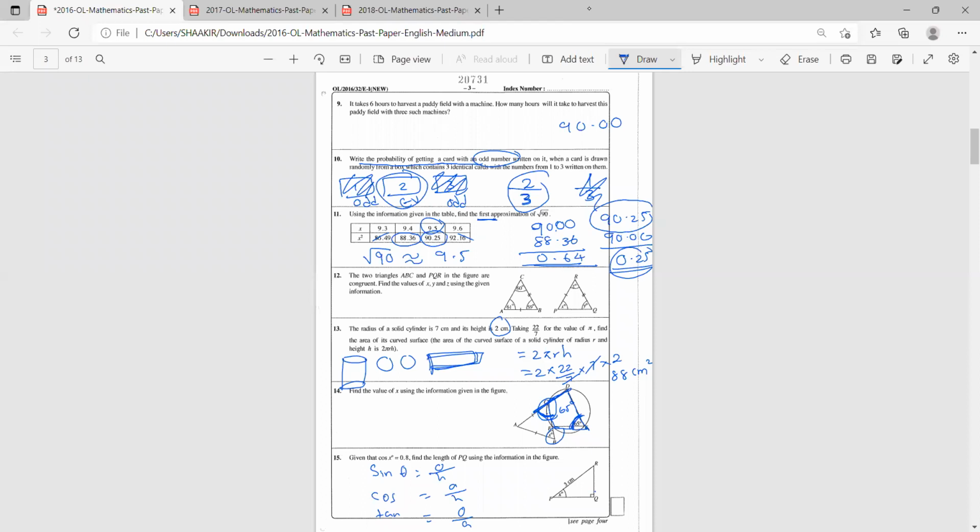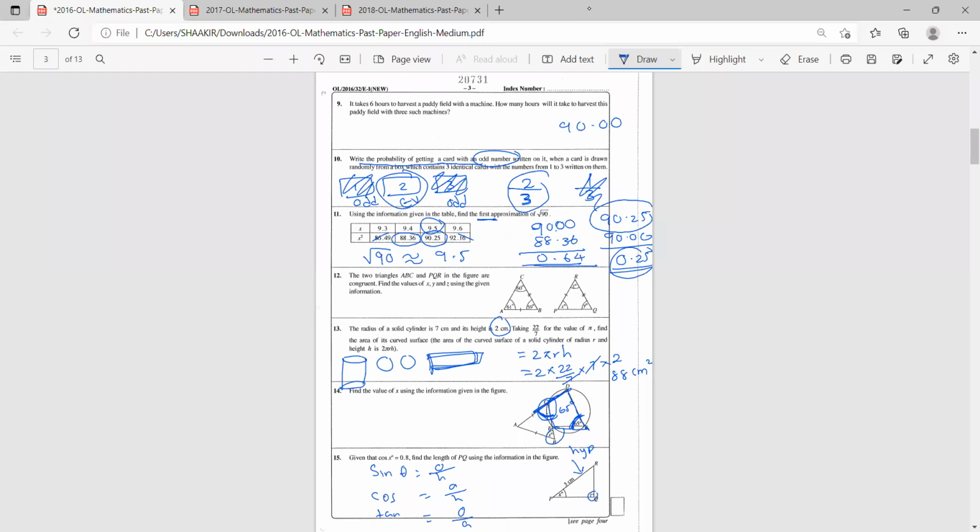In case this is 90 degrees, always the side opposite of 90 degrees is called the hypotenuse. That hypotenuse is the longest side in the right angle triangle.